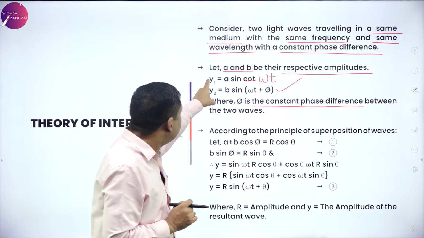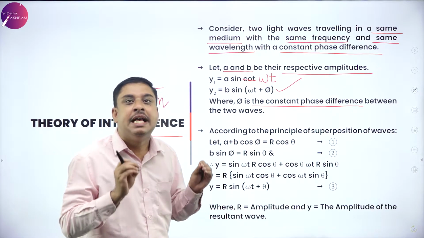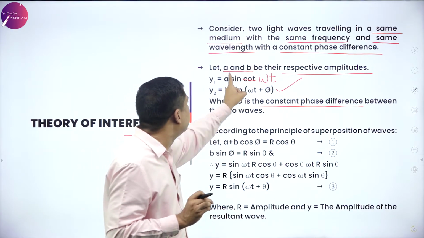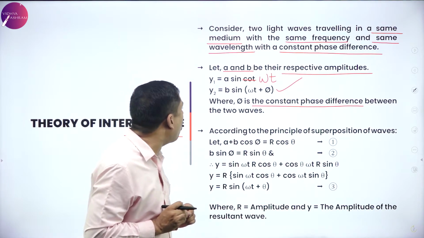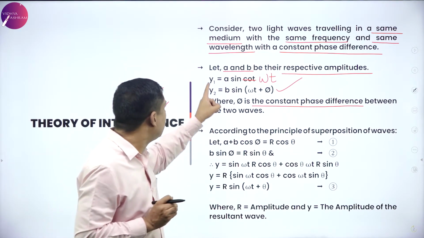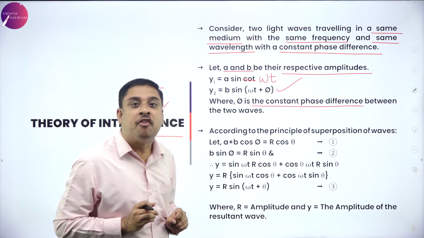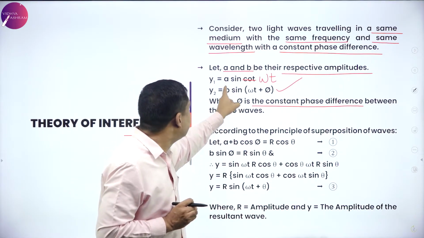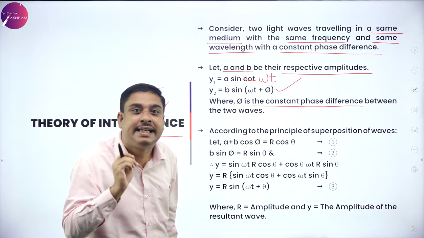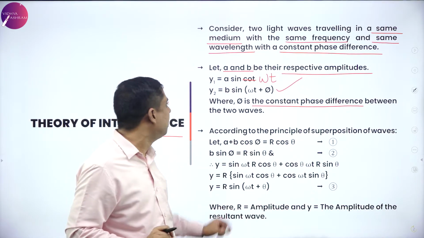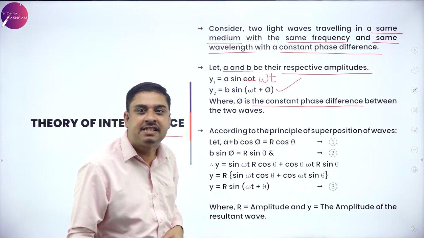Now, y1, displacement of the first wave, which is A sin omega t, y2, displacement of the second wave, B sin(omega t plus phi), where phi is the constant phase difference.